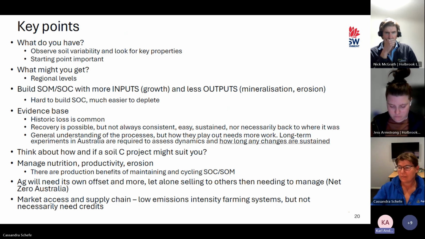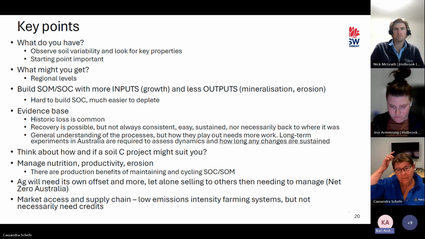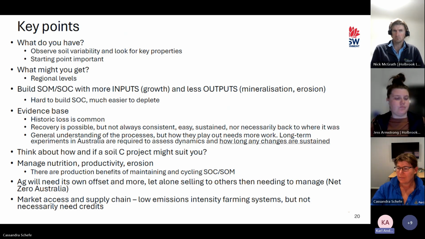Basically, you're looking to support and increase soil organic matter with inputs, which is plant growth, which is what you're after, and anything that lessens the outputs can help build it. So that's less disturbance and, importantly, less erosion. It is hard and slower to increase, so be realistic about that. But also on the flip side, it's really easy to lose it sometimes.